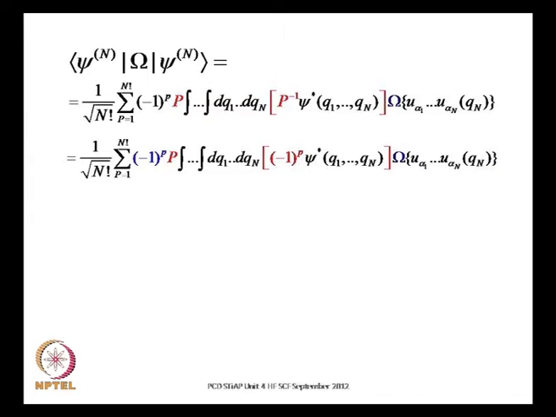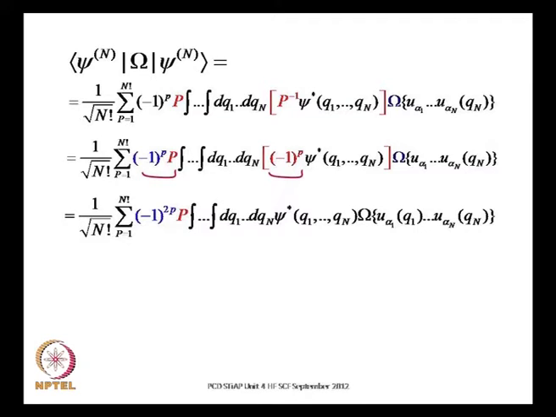It will give you (-1) to the power p, and this (-1) to the power p together with this (-1) to the power p will give you (-1) to the power 2p, and that will always be +1, it does not matter what the permutation is. So, this (-1) to the power 2p will always be +1.